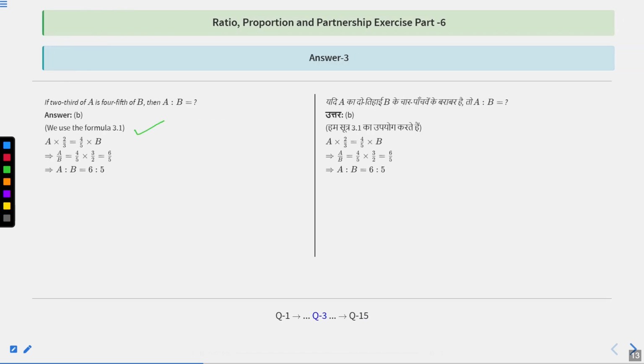By using formula 3.1, according to the question, A multiplied by 2/3 equals 4/5 multiplied by B. From this equation, we get A upon B equals 4/5 multiplied by 3/2, which becomes 6/5. So the ratio A to B will be 6:5. B is the correct answer.